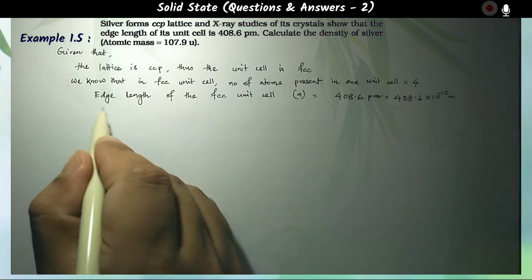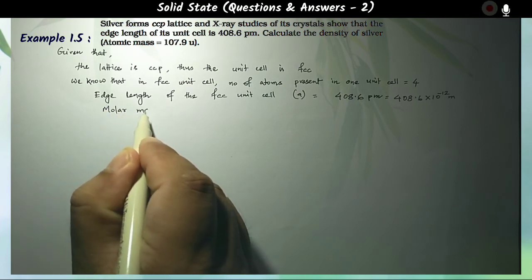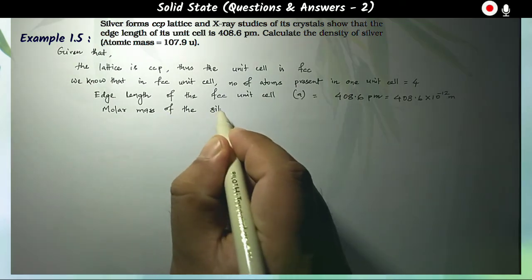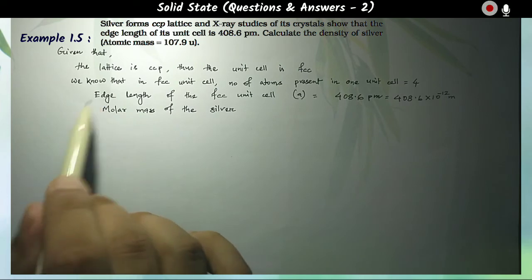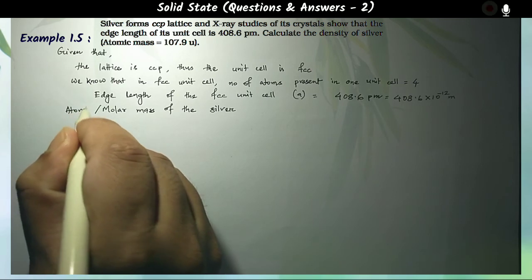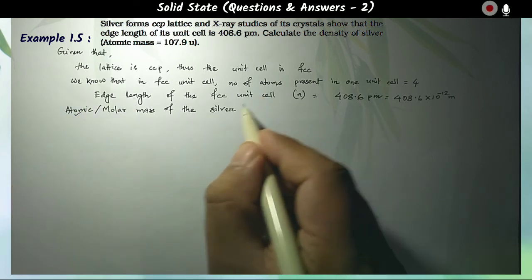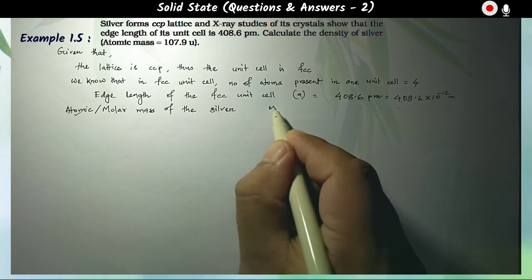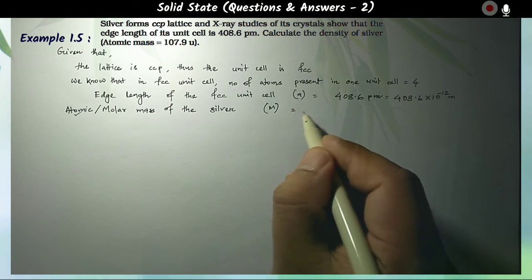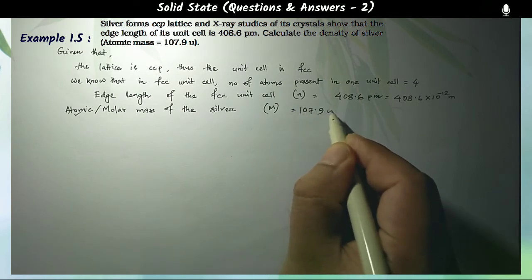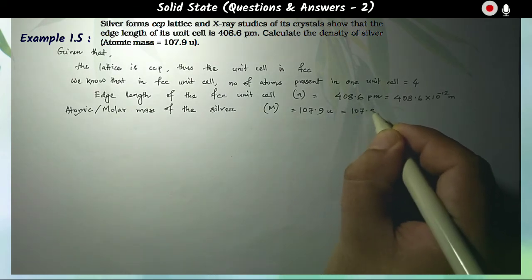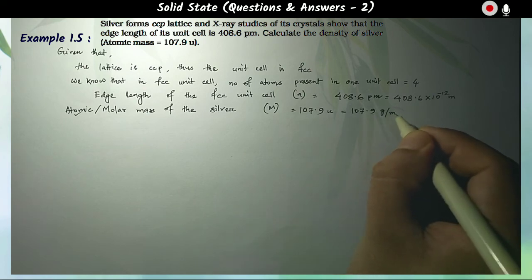And the atomic mass or molar mass of the silver is given, which is capital M, equal to 107.9 U. U here is nothing but 107.9 gram per mole.